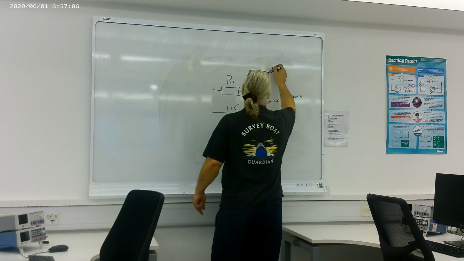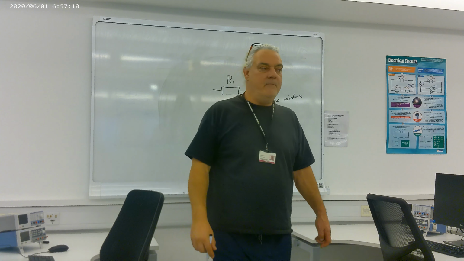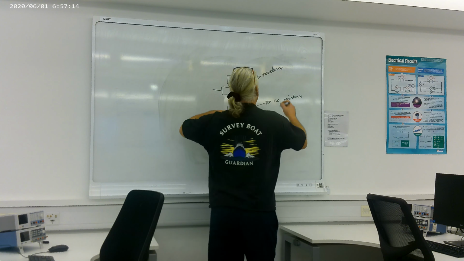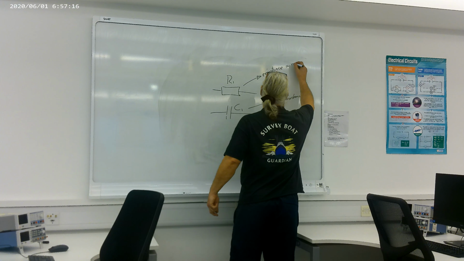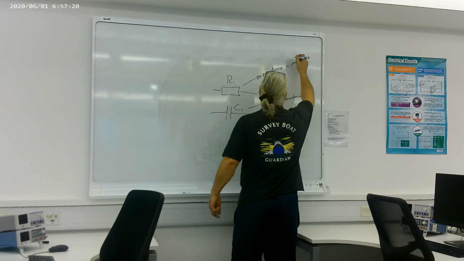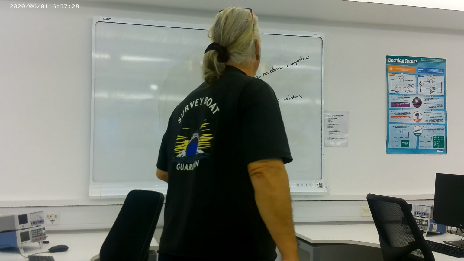But there's an AC equivalent called impedance. For a resistor, resistance is equal to impedance. So what is impedance? It's the AC equivalent of resistance. It's just different words for the same thing.